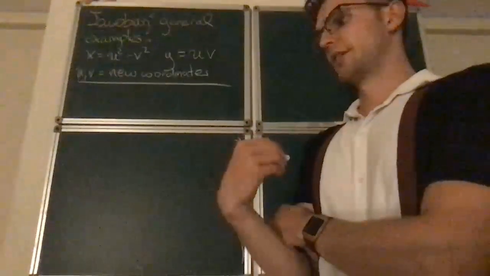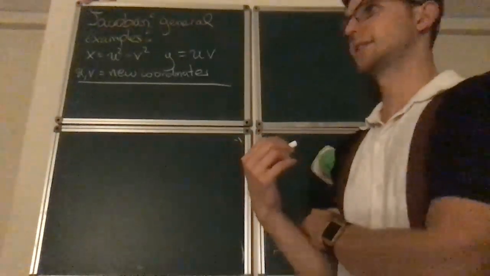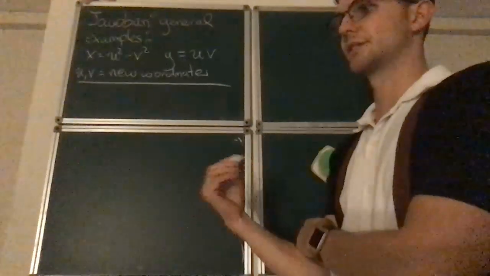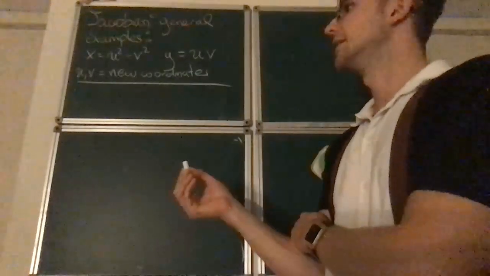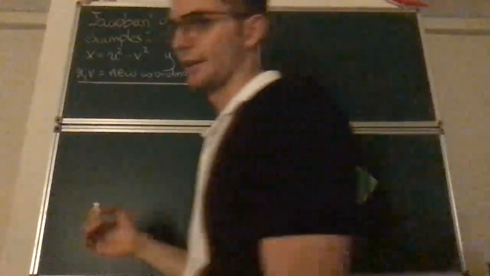In fact, it's complicated in general to understand what the meaning of the new coordinates is. So this, for example, could be a possibility. I'll actually show you some animations at the end of the video, so it won't be that bad.